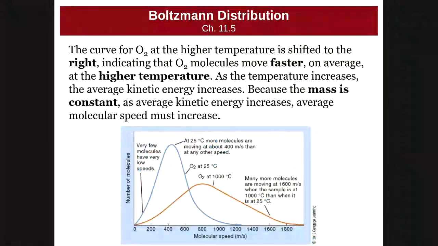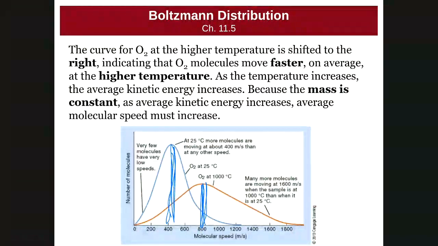So the curve for oxygen at a higher temperature, so now we're talking about the same molecules, same molar mass, now we're talking about a higher temperature. So at the higher temperature, the curve is shifted to the right. So the most likely speed is faster than the most likely speed at this other temperature.